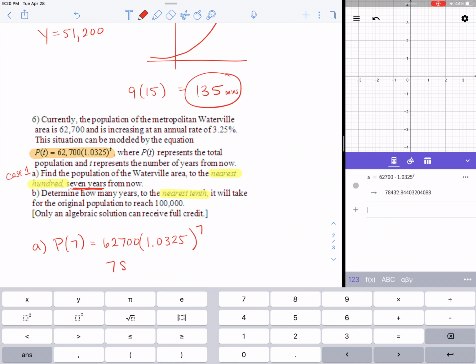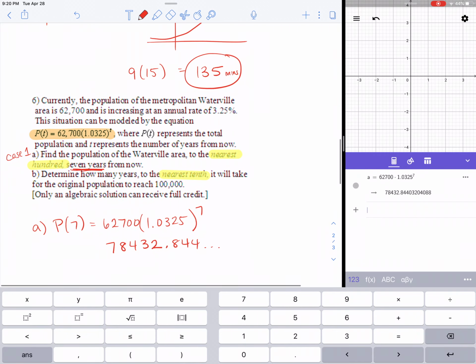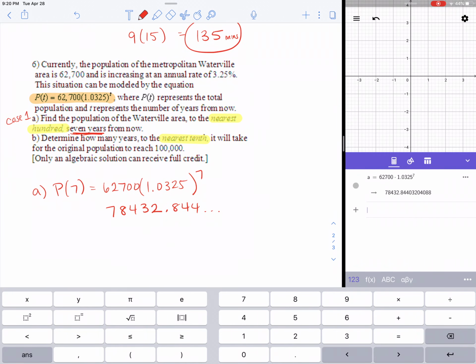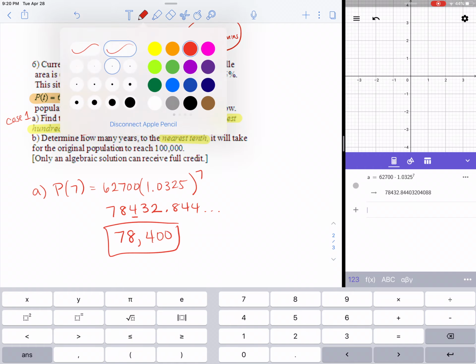So 78,432.844, but they want to the nearest 100. 4 is in the 100th place, so it's 78,400 to the nearest 100. So that's part A, which is a case 1 type of problem.